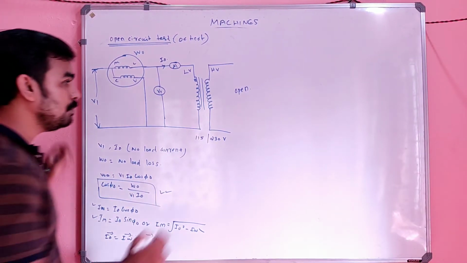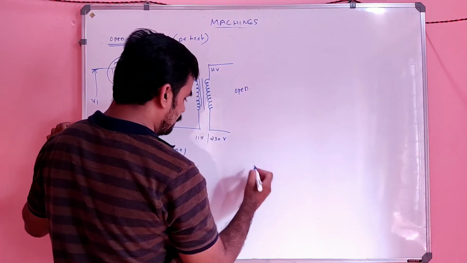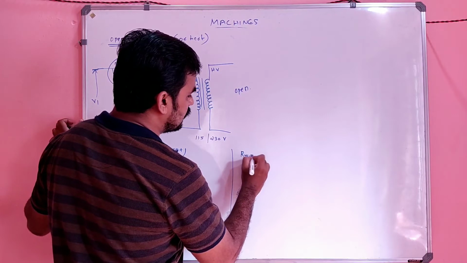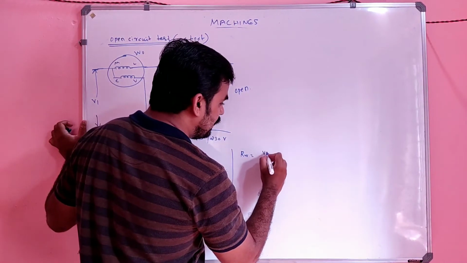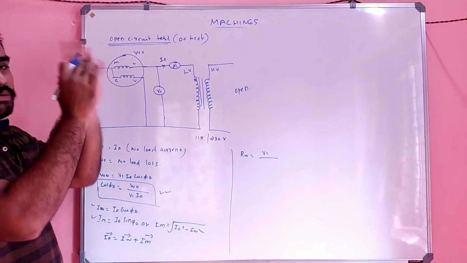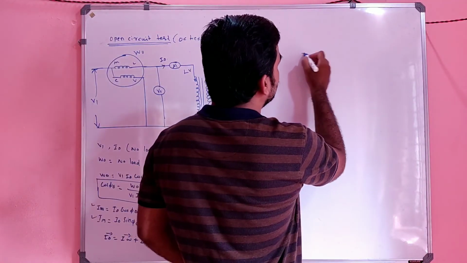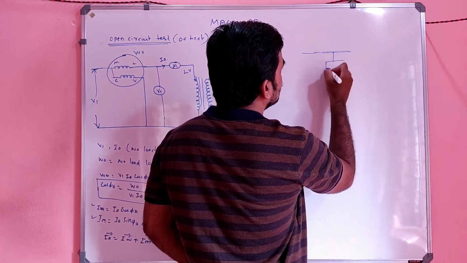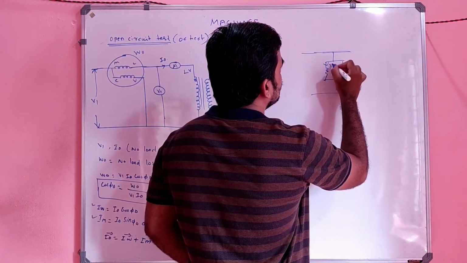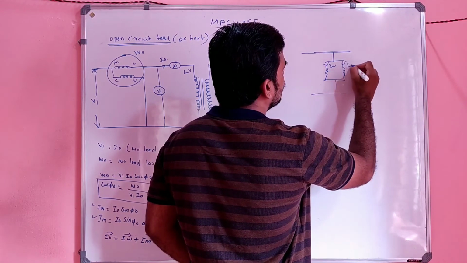So what will be RW? In the transformer equivalent circuit, do you remember it? This is IW and this is IM.